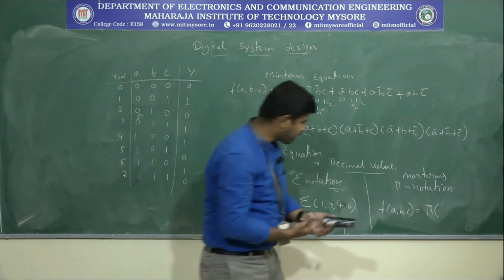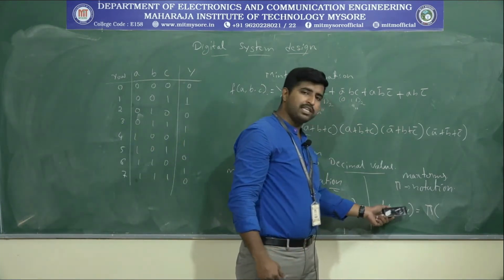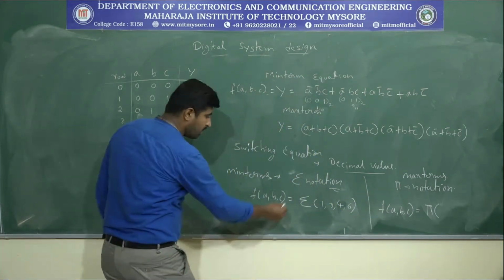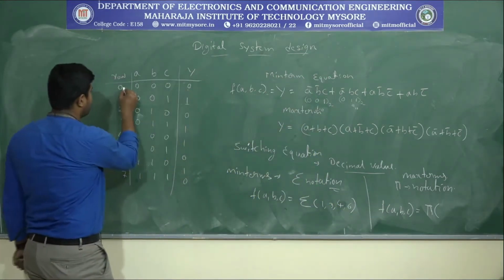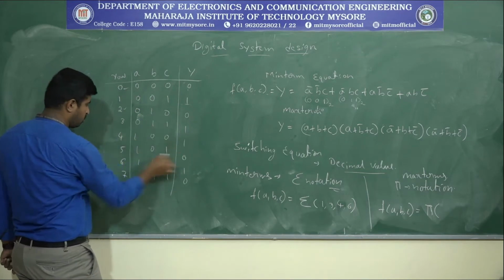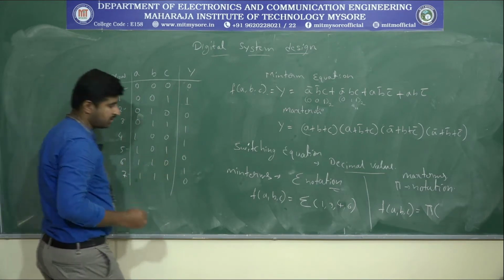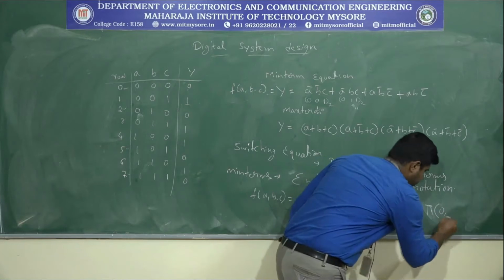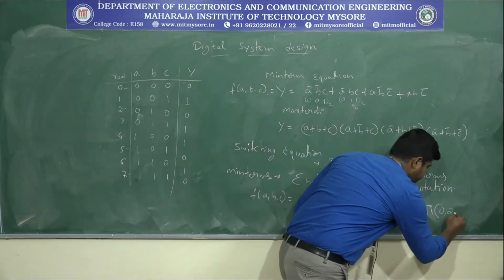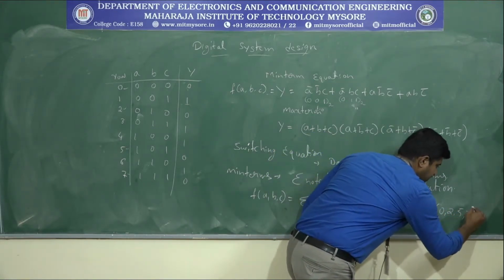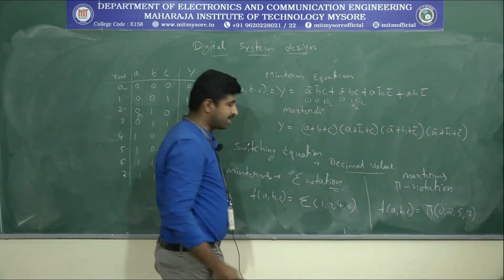So if you look at that one, f of a, b, c equals pi of, which are all 0: 0, next 2, 5 and 7. What is 0?